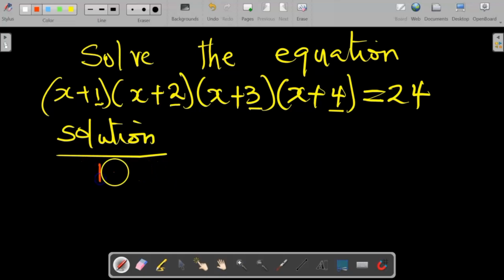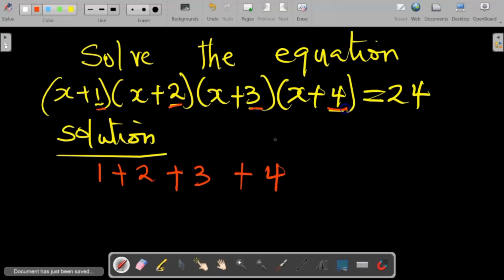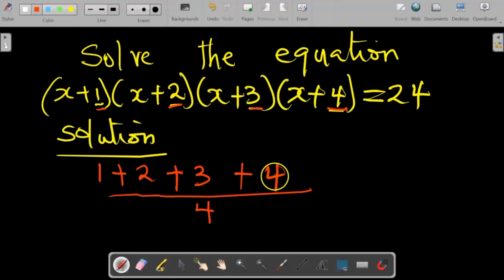We have (1 + 2 + 3 + 4) over 4. So 1 plus 2 is 3, plus 3 is 6, plus 4 is 10, over 4. And that gives us 2.5.